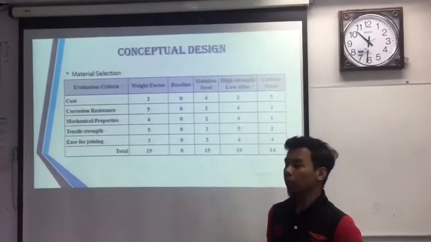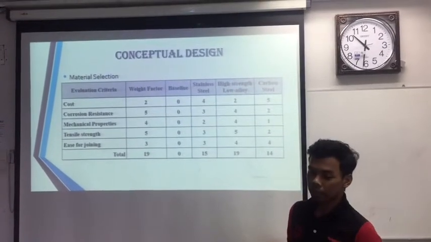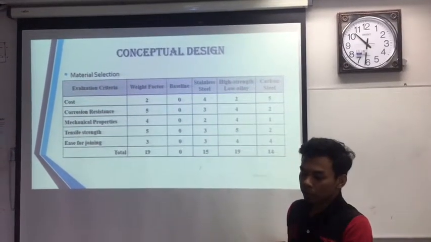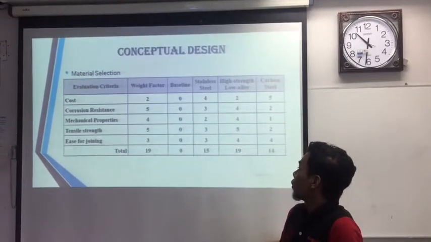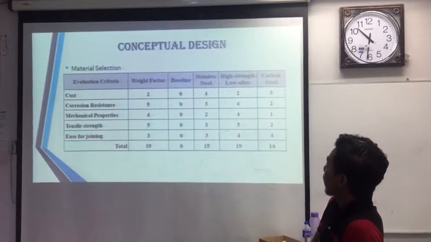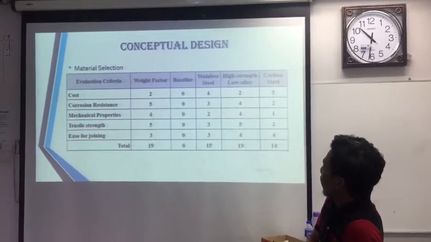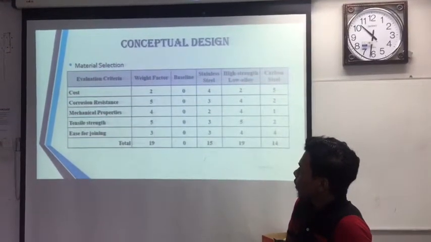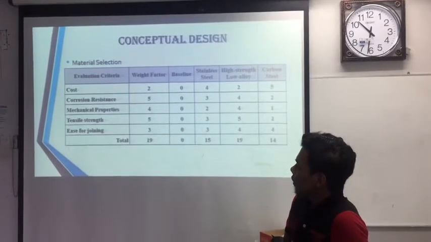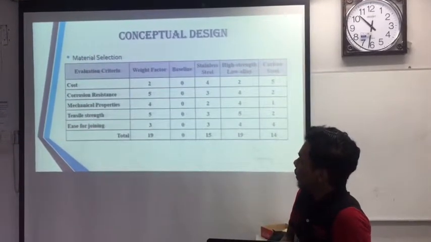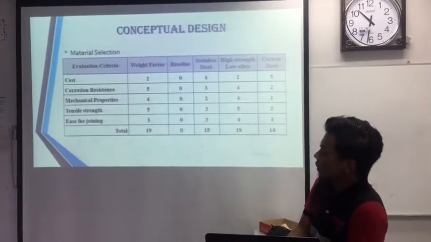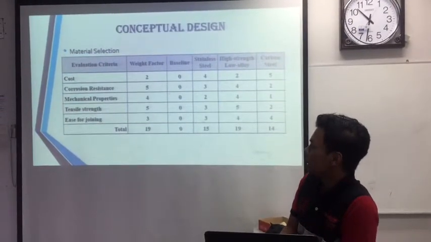Next I will present the material selection. For this project, we decided to use three materials, which are stainless steel, high strength low alloy, and carbon steel. For the criteria, we defined the most important and the less important, which are corrosion resistance, cost, mechanical properties, tensile strength, and age of the unit.